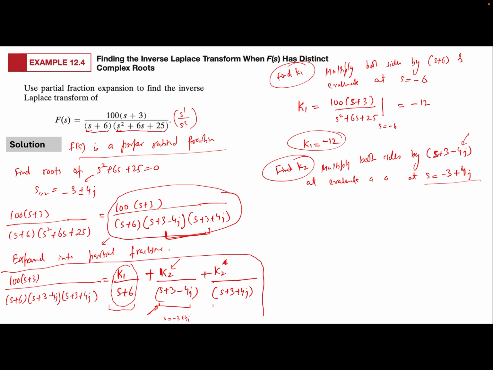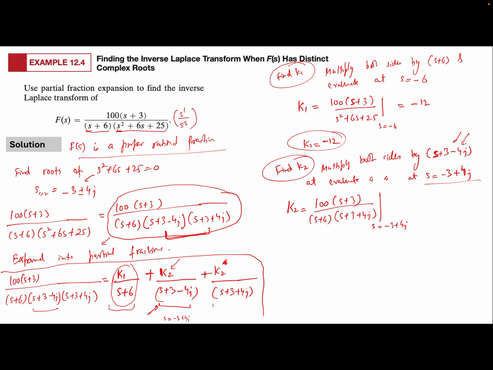So it's really solving the left hand side. On the right hand side, I'm left with only k2, and solving the left hand side, 100 times (s plus 3) divided by (s plus 6) times (s plus 3 plus 4j). Again, because you were multiplying both sides by this term, this term will be cancelled out. And you are evaluating at minus 3 plus 4j.